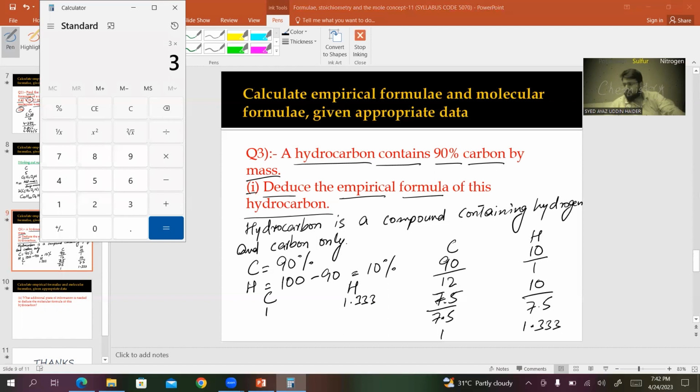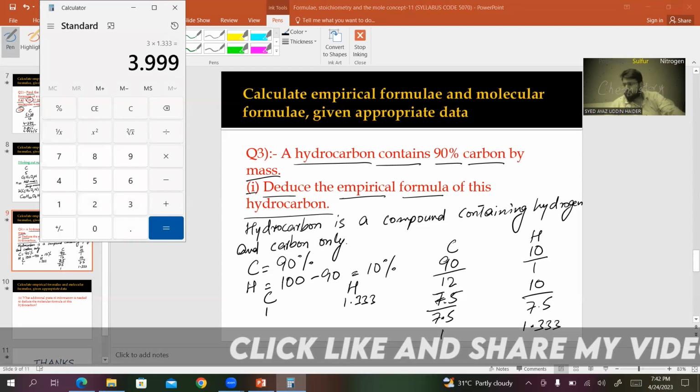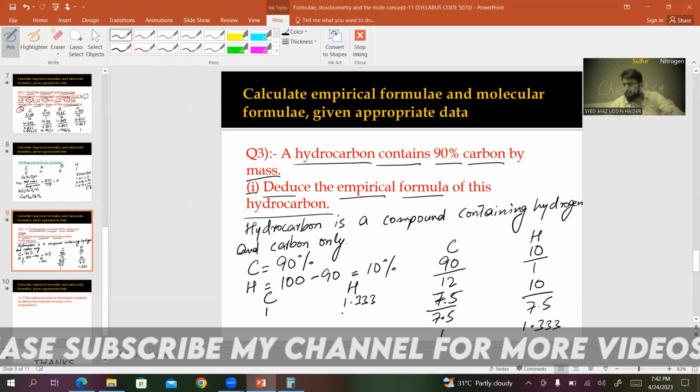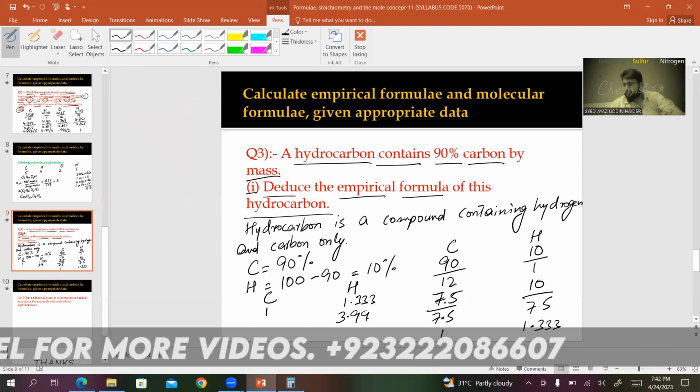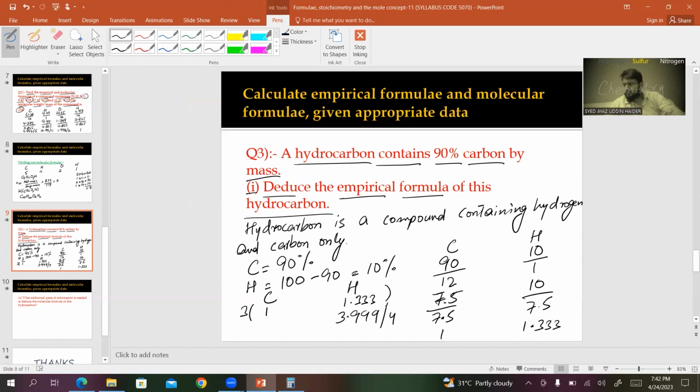We'll multiply 3 by 1.333, we'll get 3.99, which can be rounded off to 4. For carbon, you will write 3. So the final formula will be C3H4. This will be the final empirical formula.